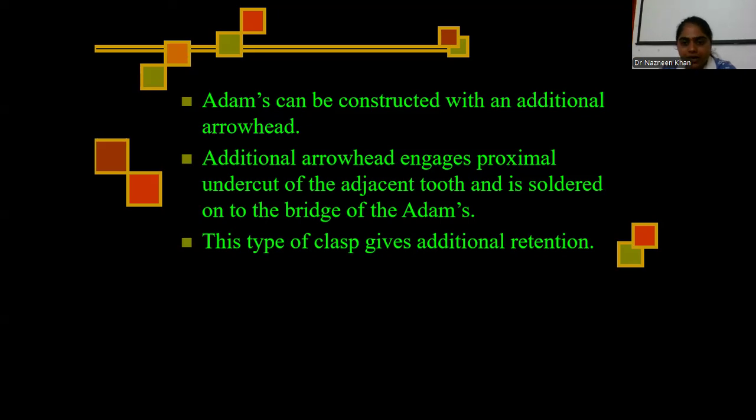Adams can be constructed with an additional arrowhead engaging the proximal undercuts of the adjacent tooth, and it is soldered on the bridge of the Adams. This type of clasp gives additional retention.